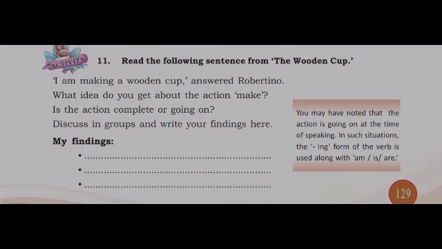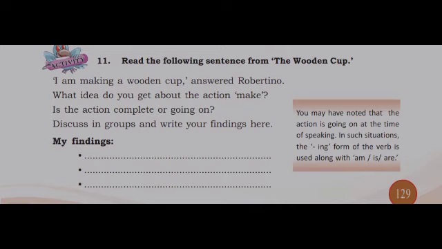It is a continuous action. So, children, you may have noted that the action is going on at the time of speaking. That is present continuous tense. Already you had studied present continuous tense last year. What is present continuous tense?